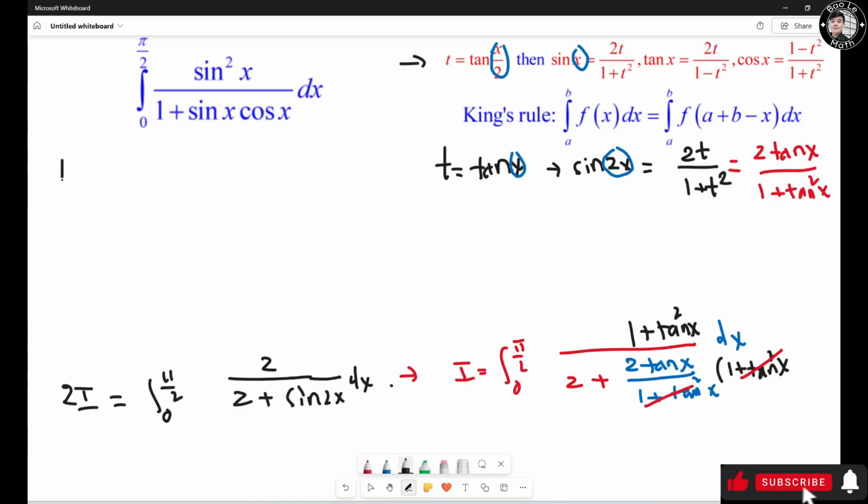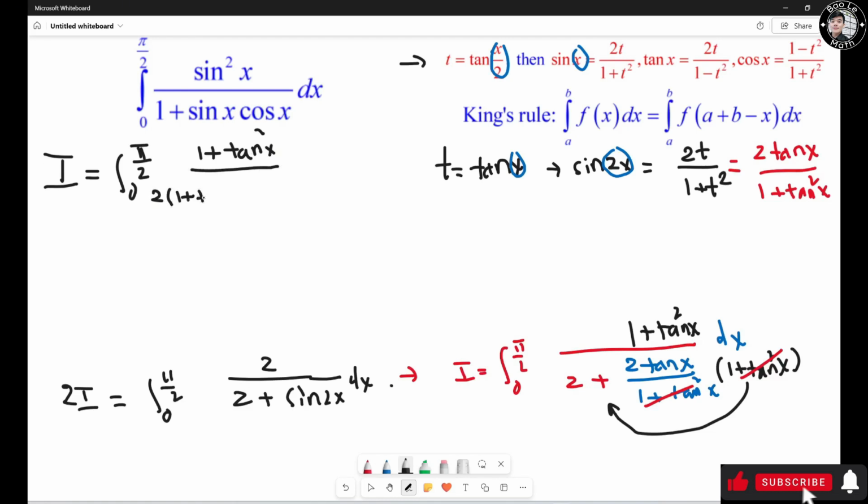Now I have I equals the integral from 0 to pi over 2. Distributing over here, I have 1 plus tangent squared of s over 2 times 1 plus tangent squared of s plus 2 tangent s, ds.